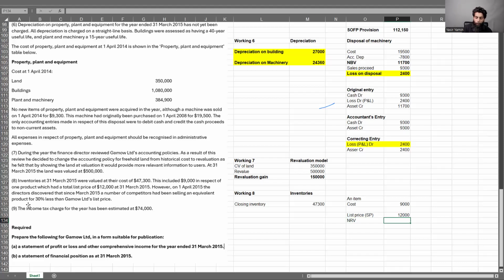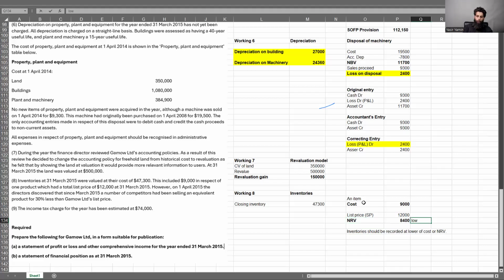Our normal price was 12,000, but we can only offer it for 70% of the original list price, which is 8,400. According to IAS 2, inventories should be recorded at the lower of cost or NRV. NRV is 8,400, cost is 9,000. We select the lower.